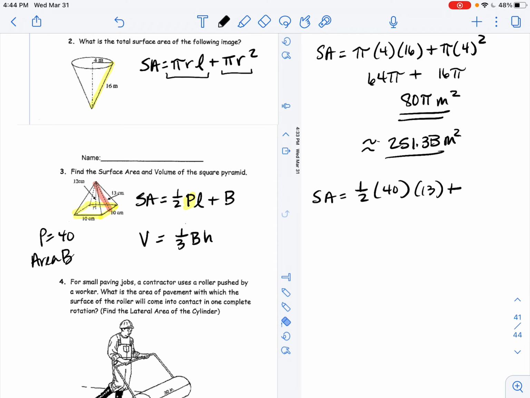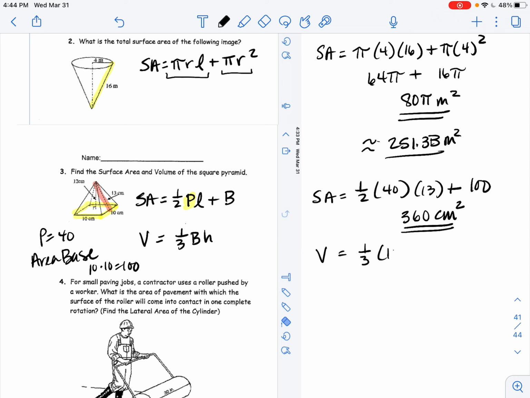Plus the area of the base. The area of the base is just 10 times 10, which is 100. All right, I don't have any pi's or anything, so I'm just going to go ahead and put this whole thing in the calculator. And that gives me 360, and this is centimeters squared. Remember, area is always units squared.